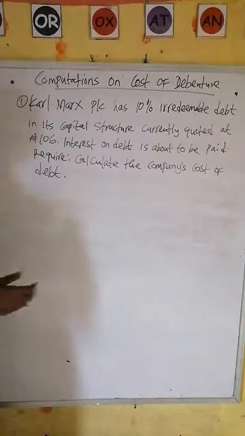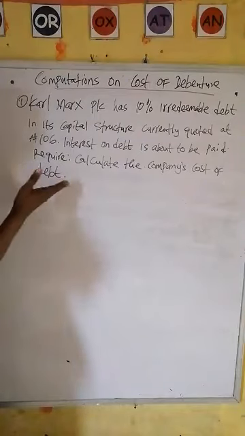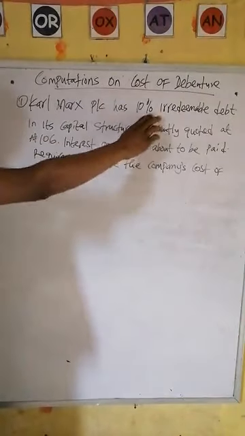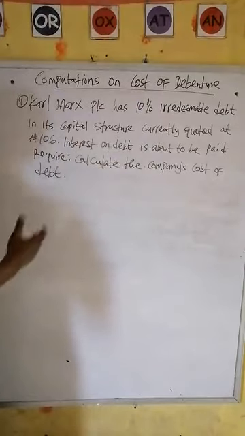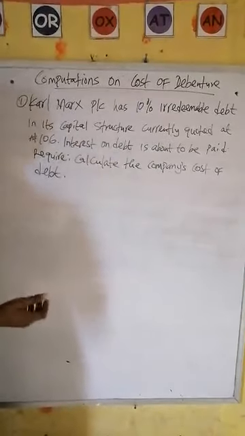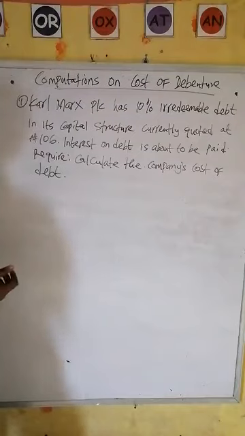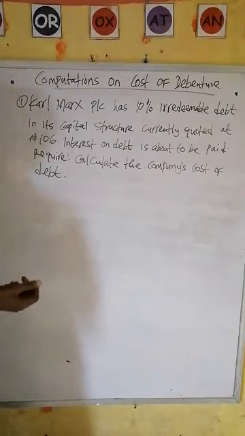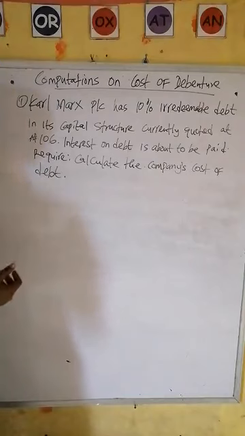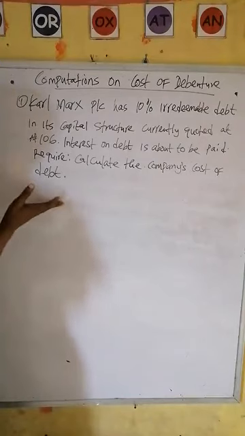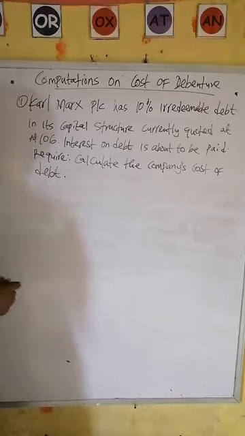In the past video, I said debenture is categorized into two: redeemable debenture and irredeemable debenture. Redeemable debenture is the type of debenture which the company can redeem at the expiration of the time stated in the contract when you are buying the debenture in the first instance.